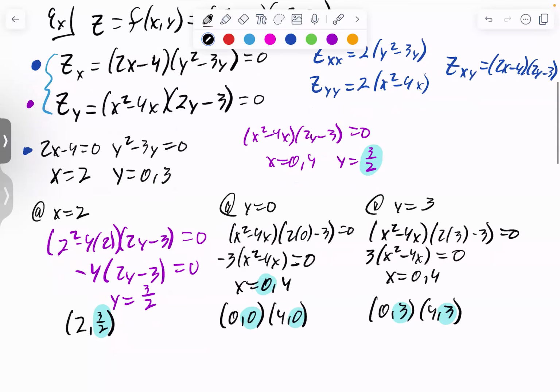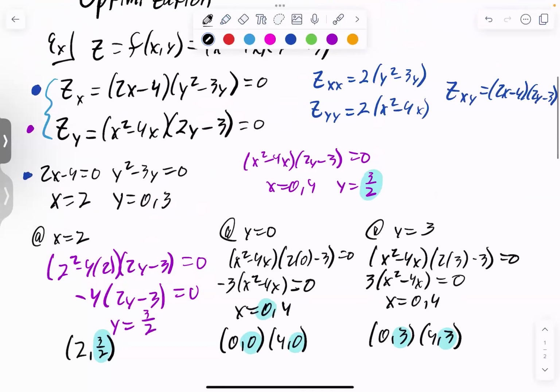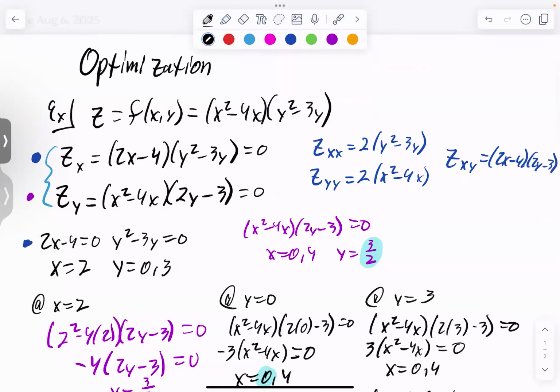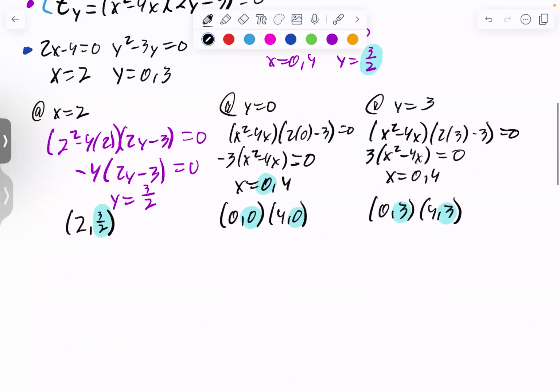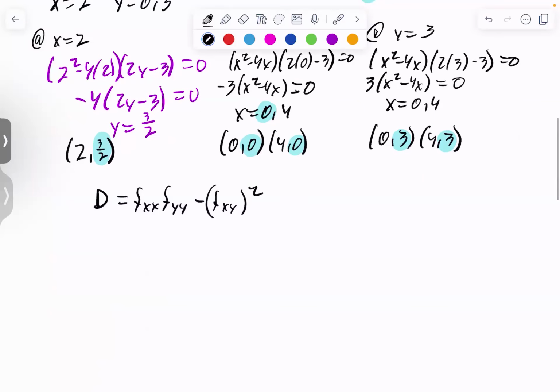Now what we need to do is test each one at the second derivative level. So you can see the blue equations at the top right here that I have. I'm going to need to use those. And let's start with, at the point (2, 3/2).